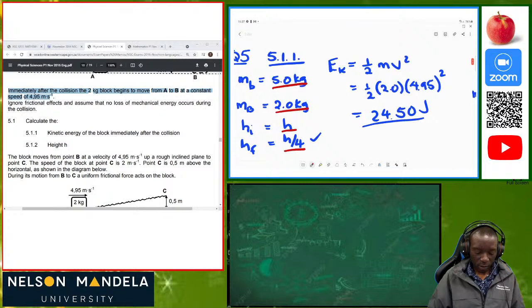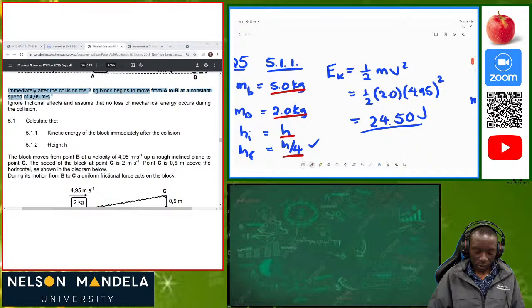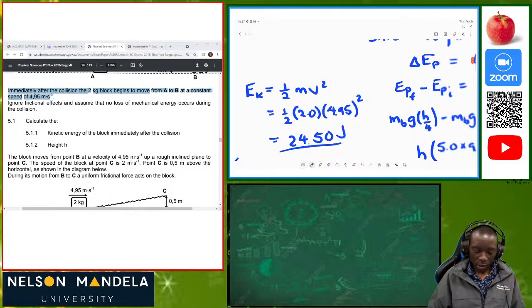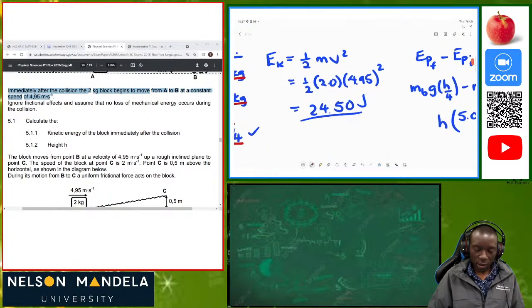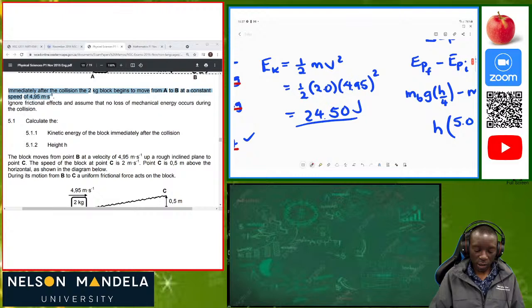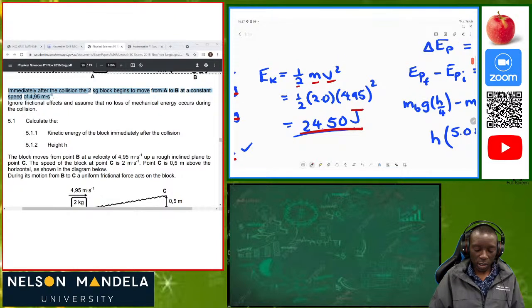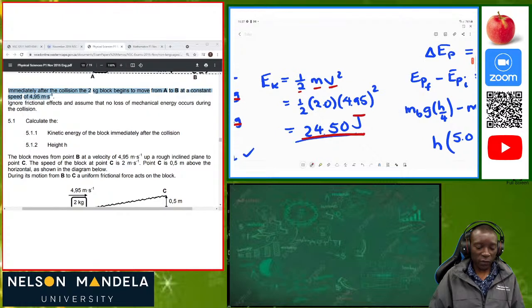Then we said the kinetic energy, we found the kinetic energy by just multiplying half times m times the velocity that we highlighted here, 4.95 squared, and that gave us 24.5 joules for the kinetic energy, which was the answer to part 5.1.1.